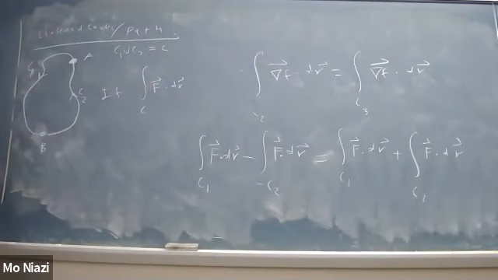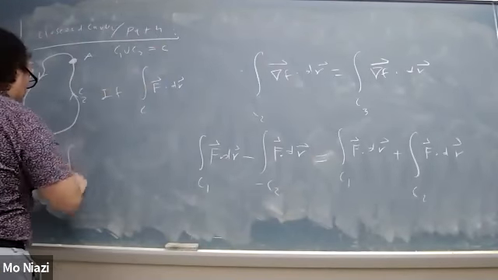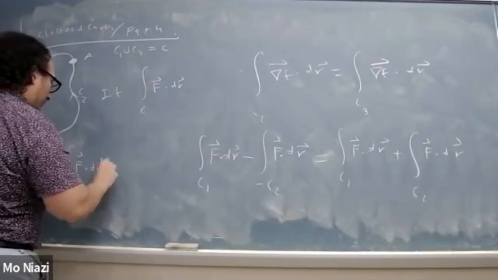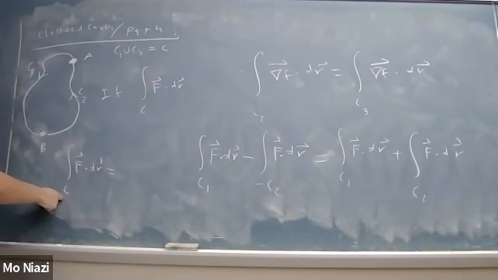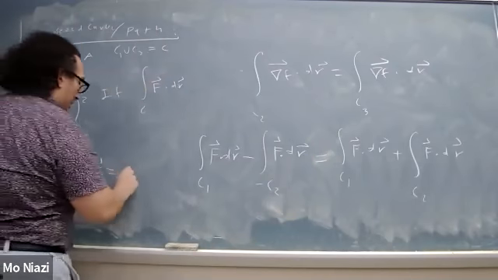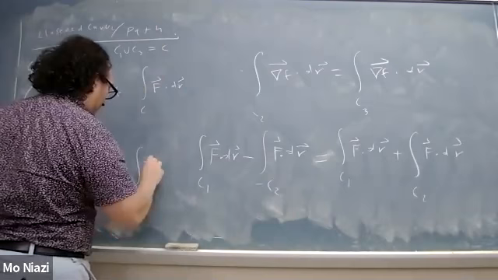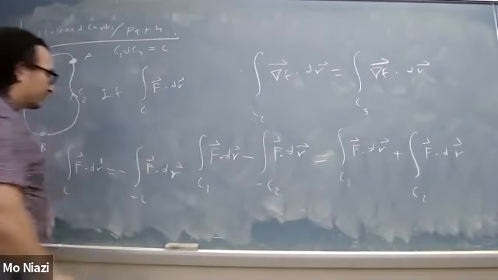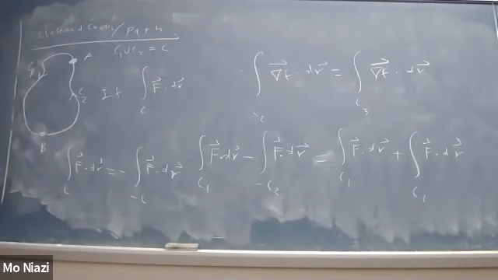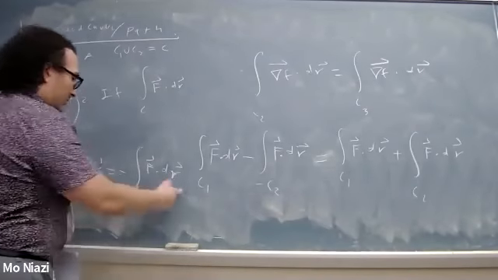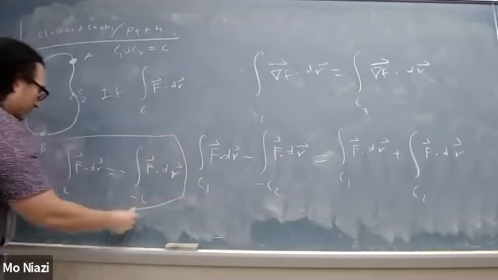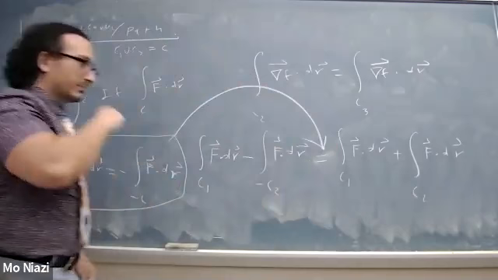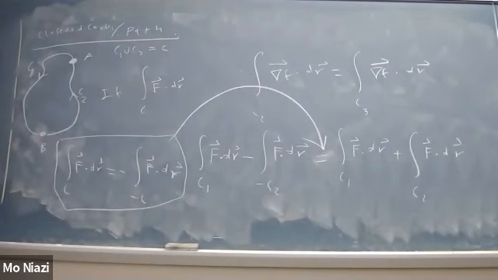Why is that the case? Well, recall that the value of a line integral, if you go in the reverse direction, is the minus of the original value. Okay, so that's why this equation holds.